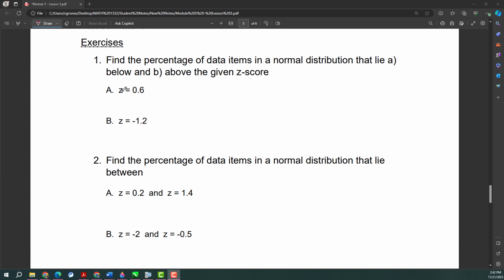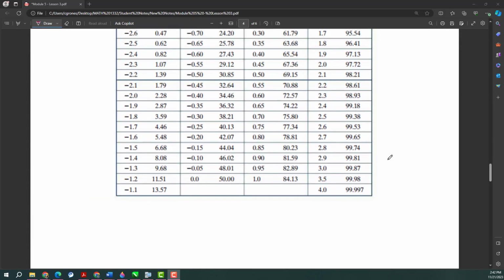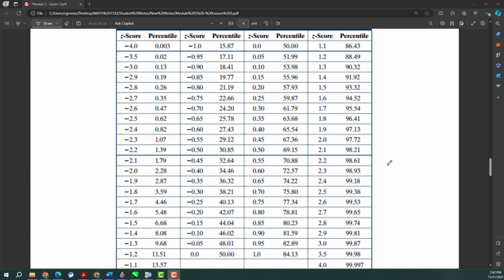So it tells us that on A, z equals 0.6. So we're going to go to our table, and we are going to find where the z-score equals 0.6. So 0.6 is going to be right here. Everything that is on our table is what lies below that z-score.